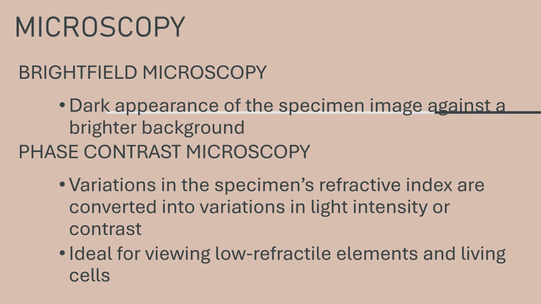This phase contrast microscopy is ideal for viewing low refractile elements like hyaline casts, mixed cellular casts, mucus threads, and Trichomonas, and also living cells, unstained. That is for your phase contrast.